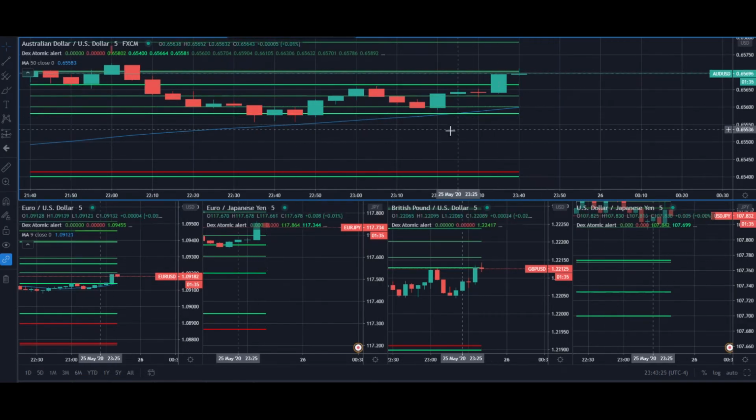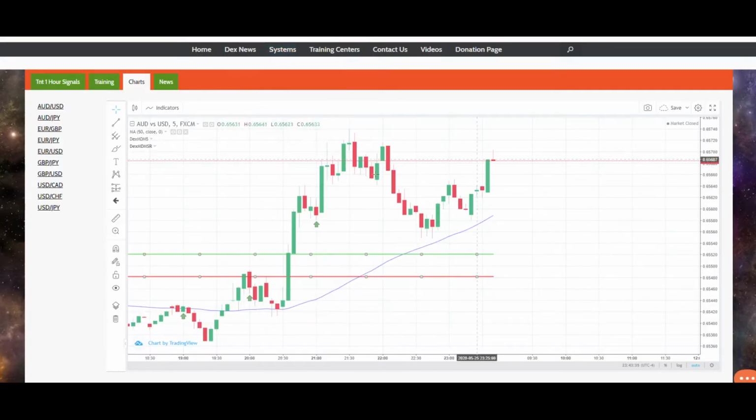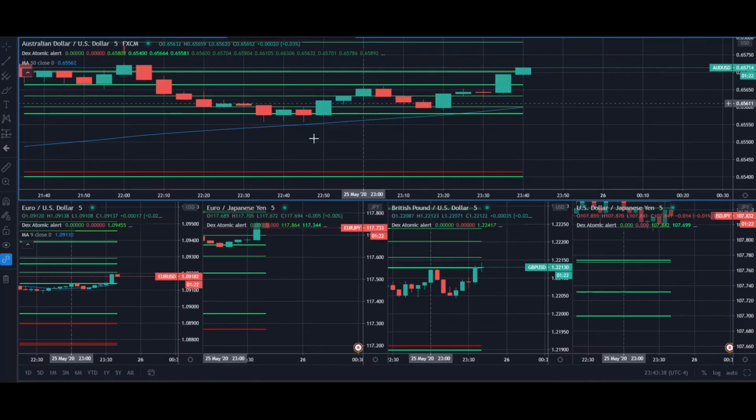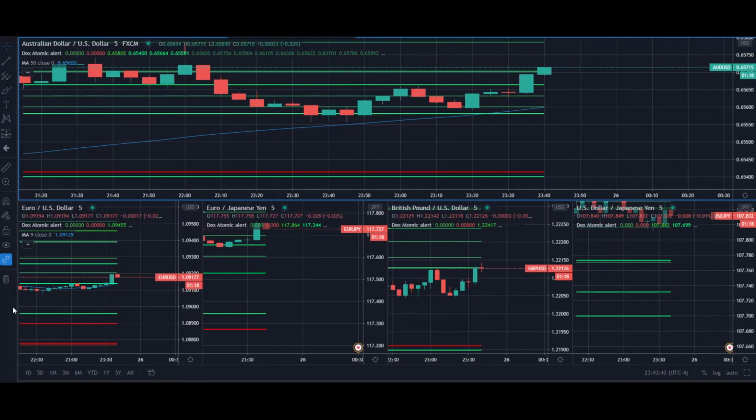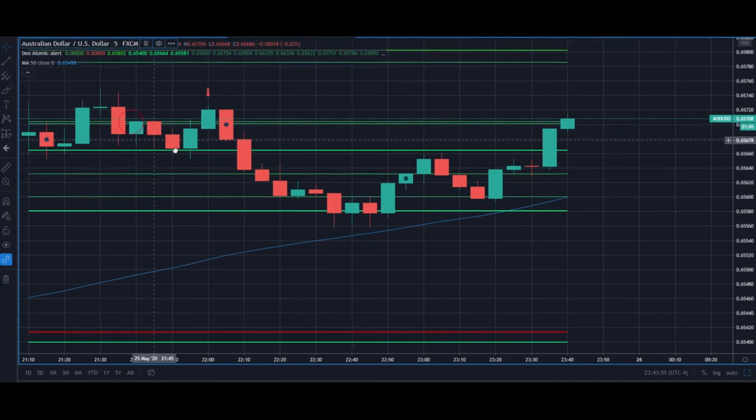Now, the Dex Atomic TV system is sort of the same indicators that we created for our Dex system, our TNT system, this charting platform right here, but simply put onto a TradingView system. We created this process in order for us to be able to utilize the same fluidness as our TNT system and our Dex Atomic on our website, but yet with a lot more data.